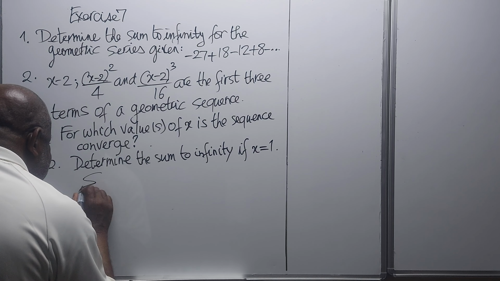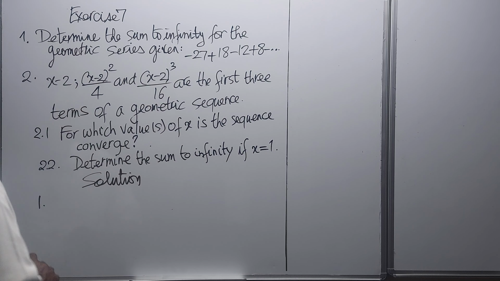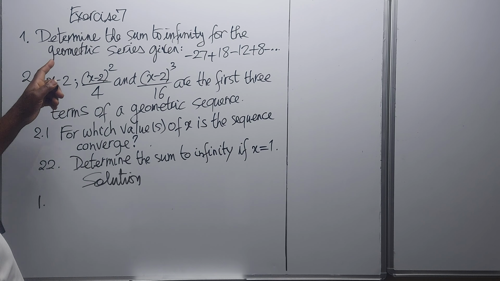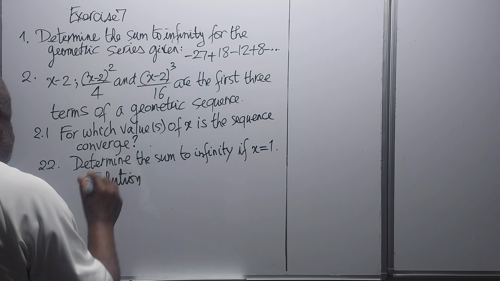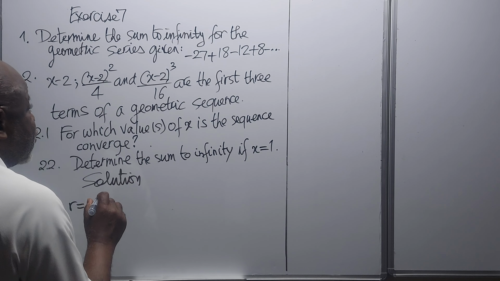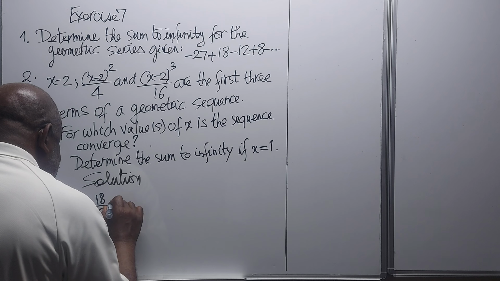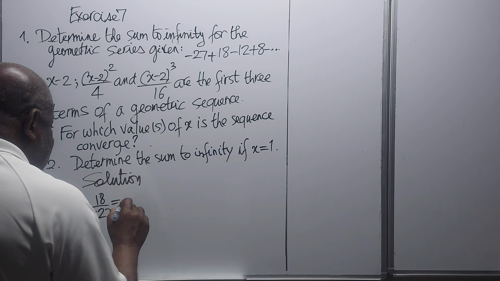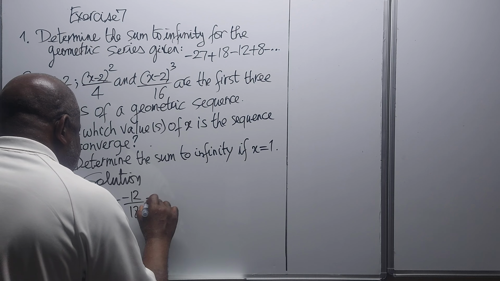Solution for the first one. They want us to get the sum to infinity for this geometric series. We will start by getting the common ratio. Common ratio is going to be equal to 18 over negative 27. And this will be equal to negative 12 over 18.